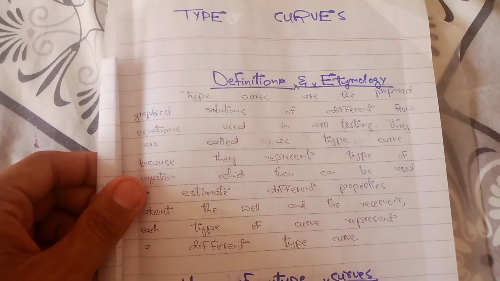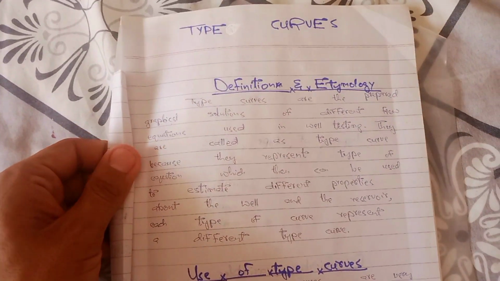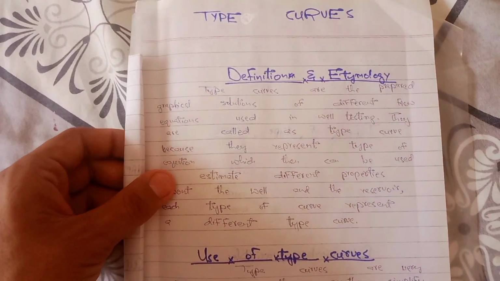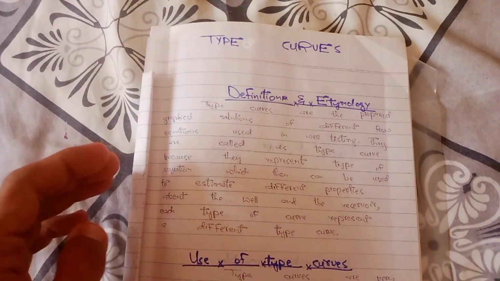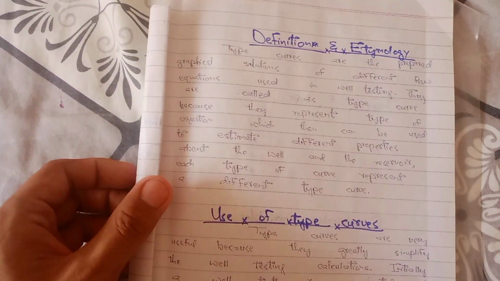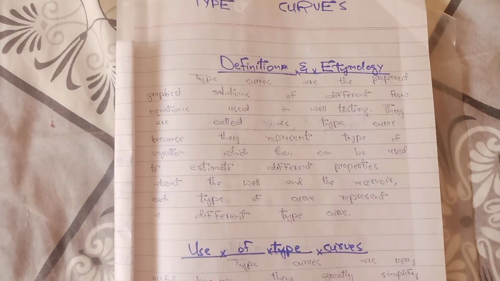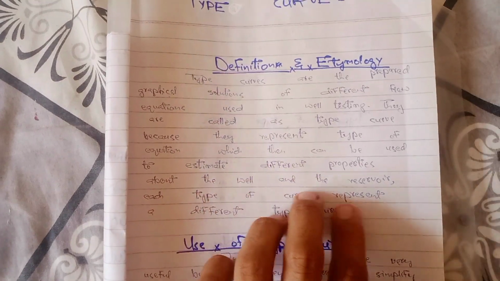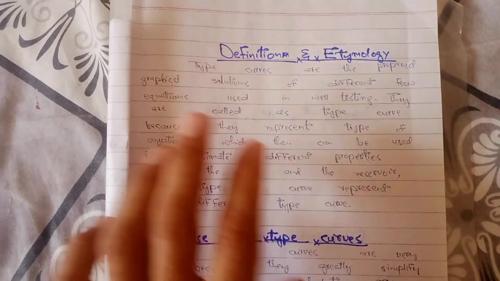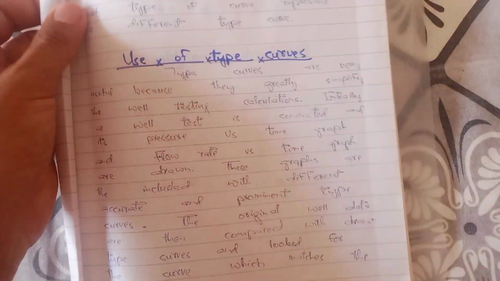These are graphical representations of mathematical equations, and by using them, you can decide what type of equations to use for your well test results. So again, type curves are graphical solutions, same as written here. They represent equations, and from those equations you can calculate different parameters like permeability, porosity, etc.